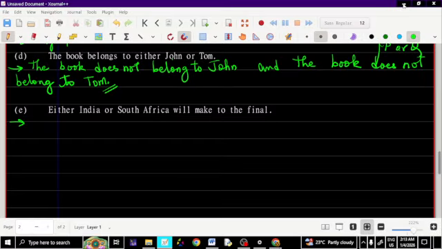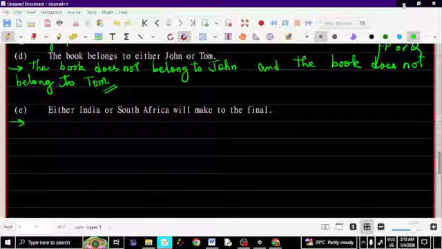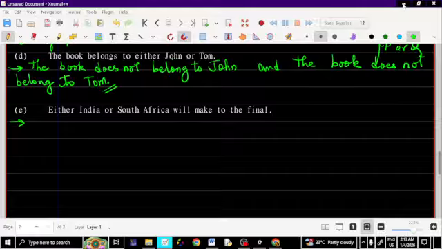Moving to the last one. Either India or South Africa will make it to the final. So at least one of them will make it to the final. For it to be false, both of them should not go to the final.